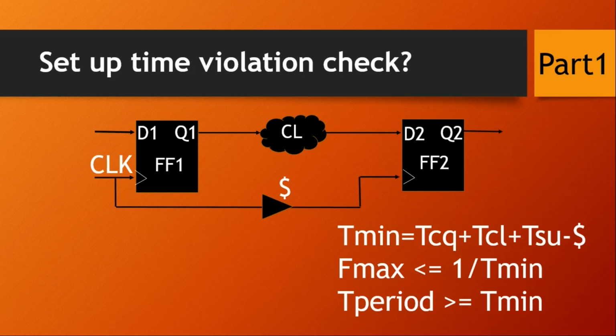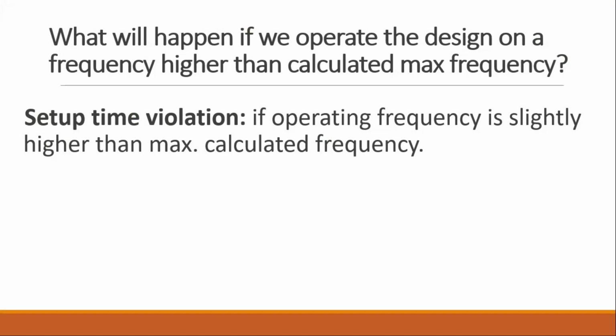But friends, now the question arises: if we apply a frequency which is higher than the calculated maximum frequency of operation, what will happen then? In that case, there are two possible cases. In the first case, the setup time of flip-flop 2 will be violated. This will happen if the operating frequency is slightly higher than the maximum calculated frequency.